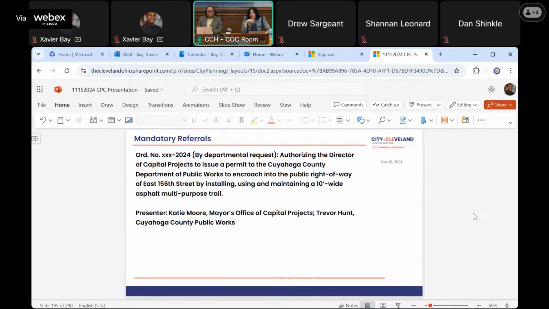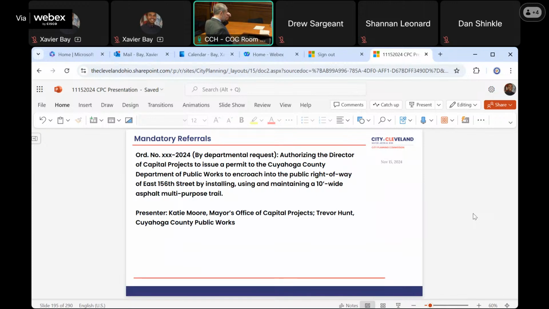Essentially, it's a two-thirds of a mile long connector trail along the lakeshore, so a unique project. If anyone's been out to the city of Euclid, this is a very similar project to that. We're talking about public access and shoreline protection. It'll connect to Euclid Beach, Cleveland Metroparks, and then the western access point will be at Shore Acres Drive. In that two-thirds of a mile, there'll also be another access point on East 156th Street.